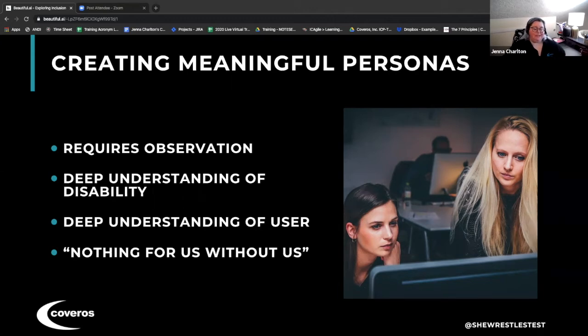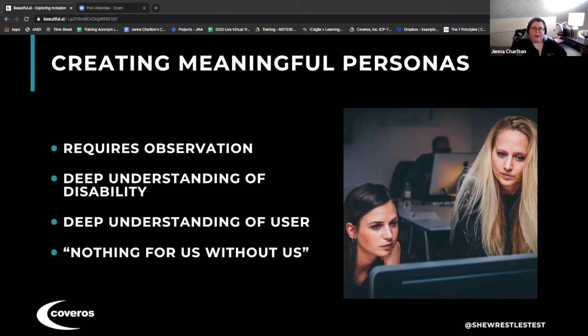It requires a deep understanding of a user's need and sometimes of disability. And this is where the conversations come in with disabled users. And it requires a deep understanding of users in general. So not just disabled users, but all users. You really need to understand who your user is and who your audience is before sitting down to create personas.